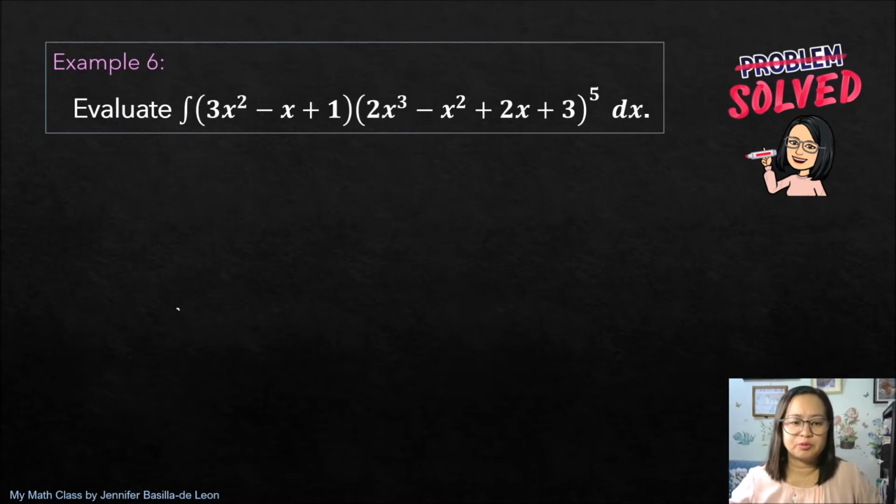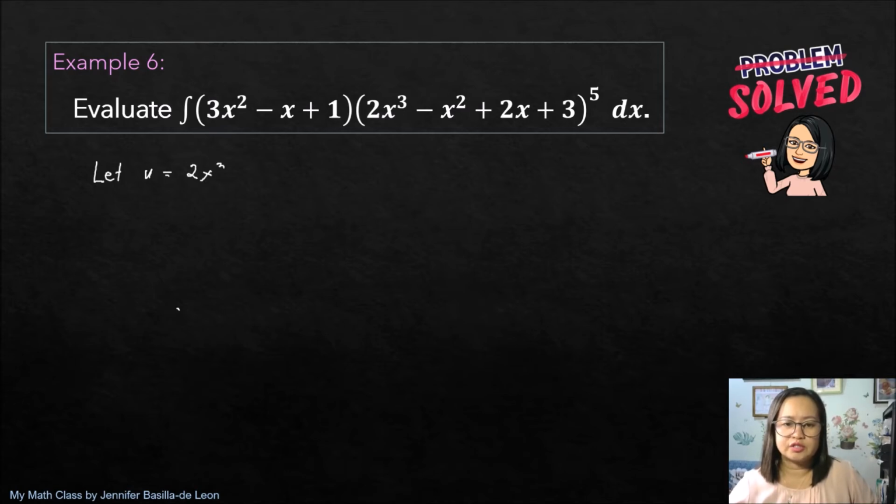Now let's have example number 6. Now we choose the expression. Okay, between the two expressions, we will prefer the polynomial with the higher degree. So we will let u be equal to 2x cubed minus x squared plus 2x plus 3. Now getting the derivative on both sides, we will have (6x squared minus 2x plus 2) dx.